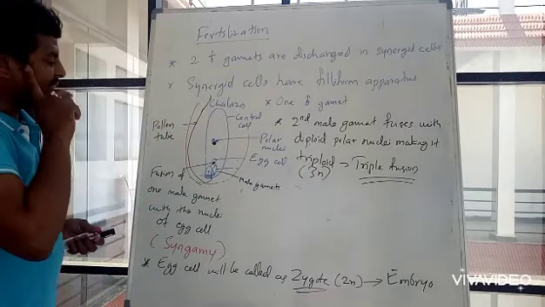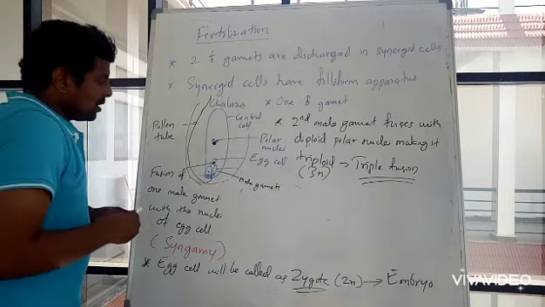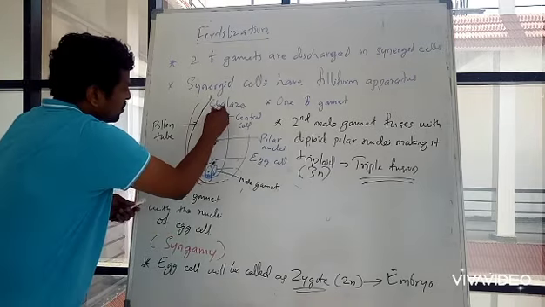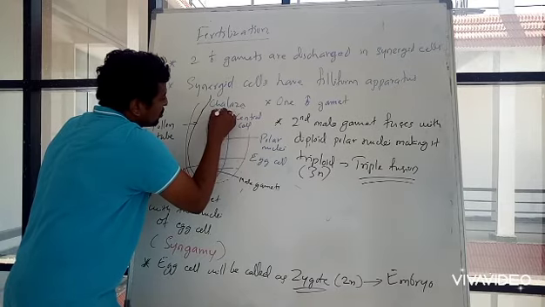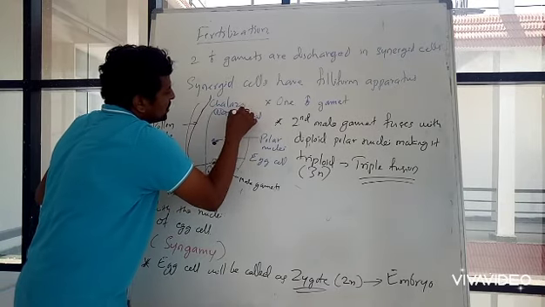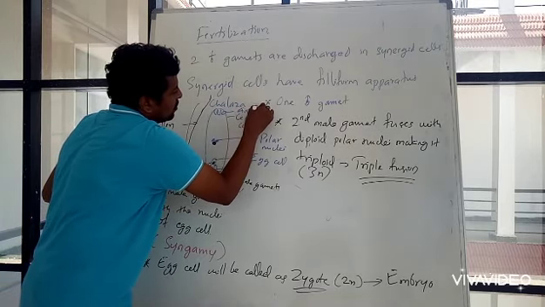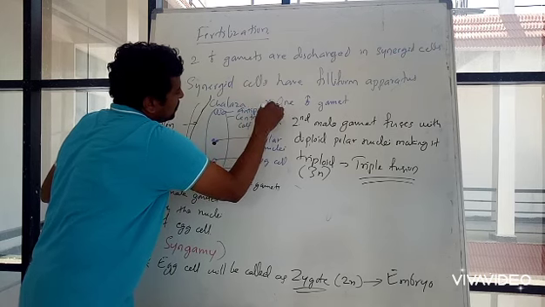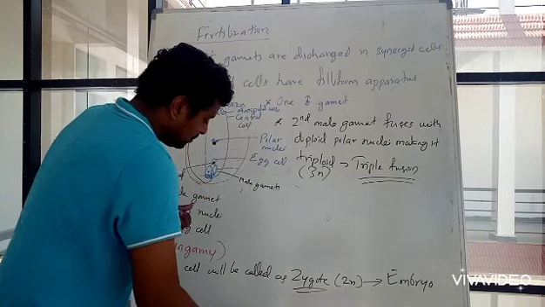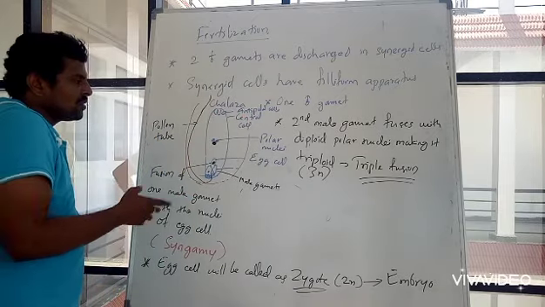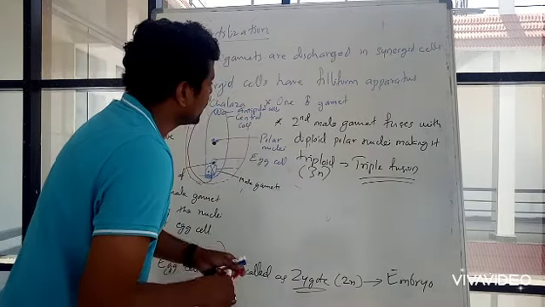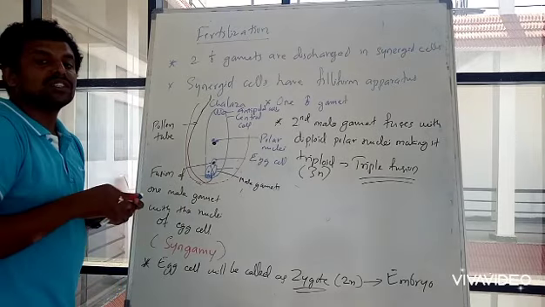Okay, you just see here. So in this whole structure, the antipodal cells will also be there at the chalazal end. We'll see what antipodal cells do later on. First, we'll concentrate only on two kinds of fusions here.